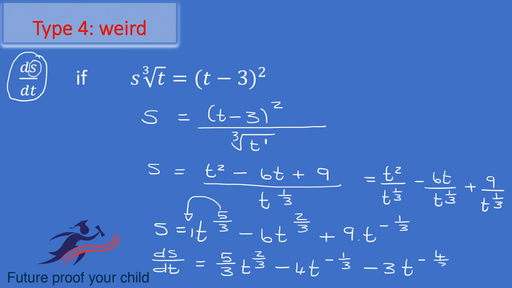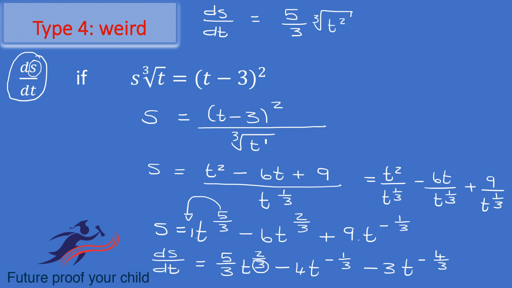I'm going to neaten it up for you. Ran out of space over here, so I'm just going to do it over here. So ds dt will equal, and then I'm just going to write it a little bit neater. So it's 5 over 3. Remember, the bottom denominator tells me what type of root, so it's the cube root of t squared.